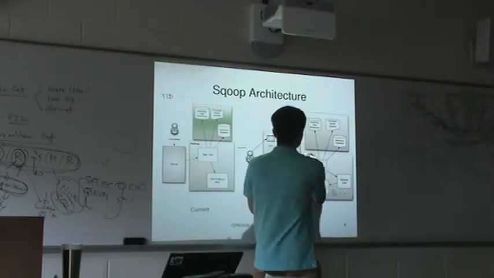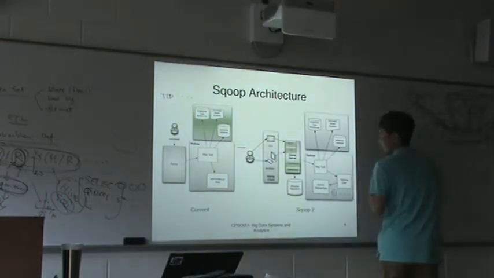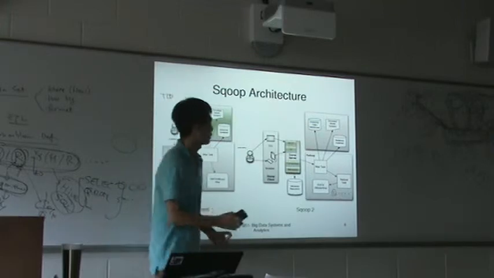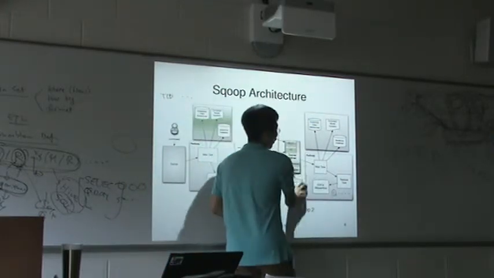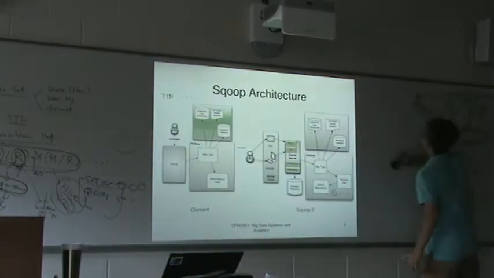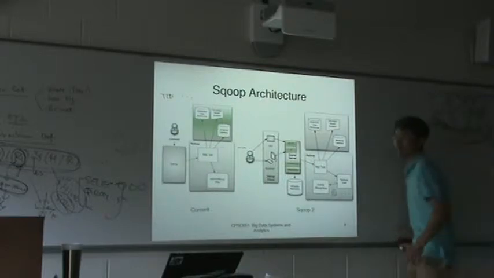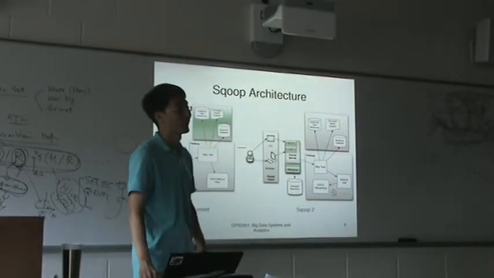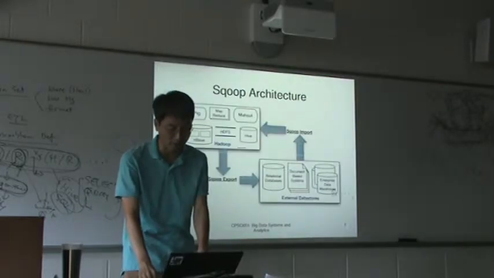So in the next version of Sqoop, they will separate the metadata information and the resource management for the database connection. But you don't have to worry about it, as long as you are able to use it.